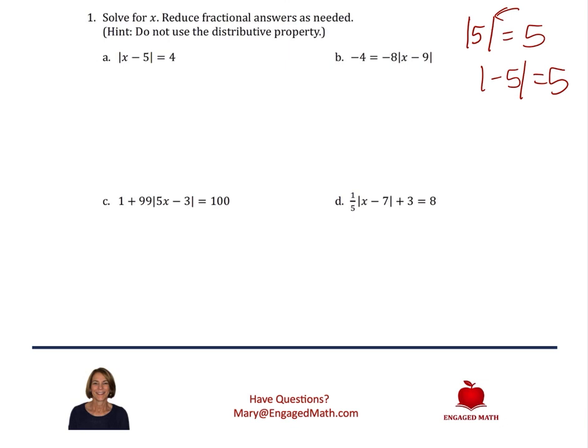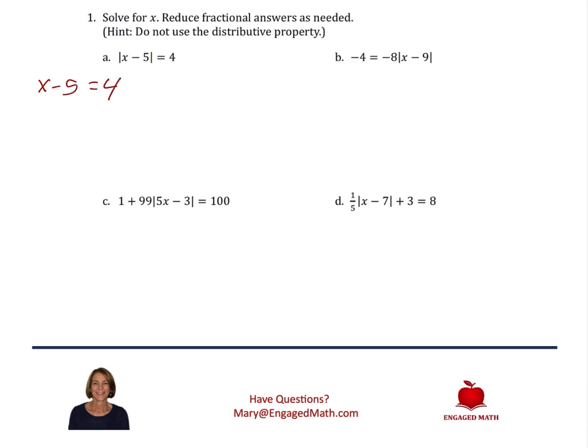So the absolute value simply means we're going to take the positive version of whatever the simplified quantity is in the absolute value symbol. The reason I'm emphasizing that is I want to make sure that you recognize why I'm setting up two equations. So if the absolute value of x minus 5 equals 4, what that really means is that quantity, x minus 5, can be equal to 4.